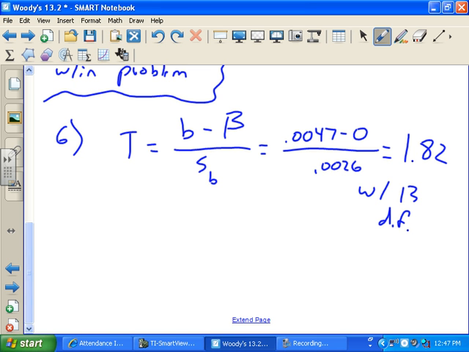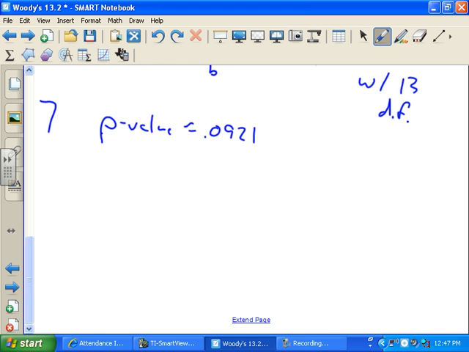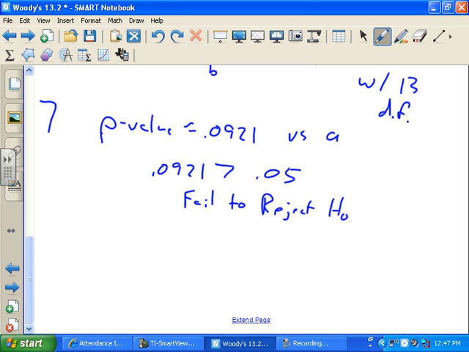That p-value, I can't remember, was it 0.02, 0.09? 0.09. I'm moving into step 7 now. 0.09 is greater than our alpha value, which is 0.05, so that's going to be fail to reject the null hypothesis.